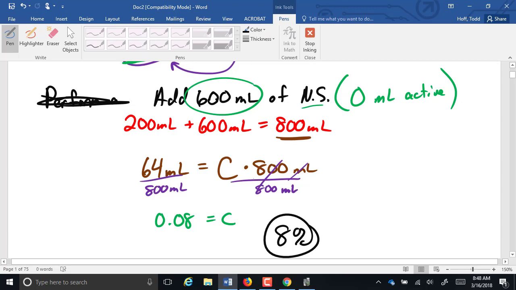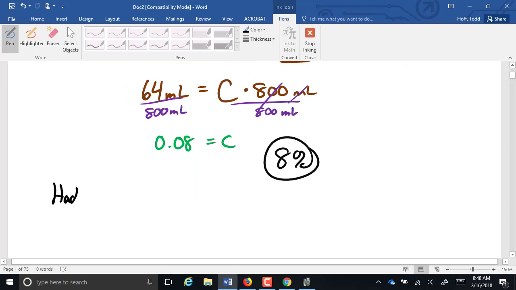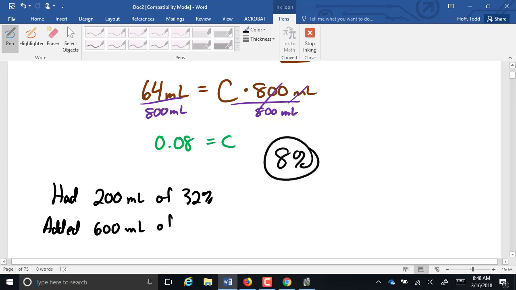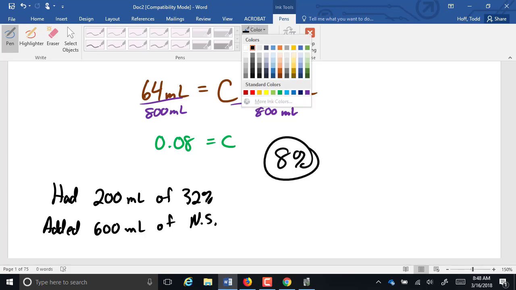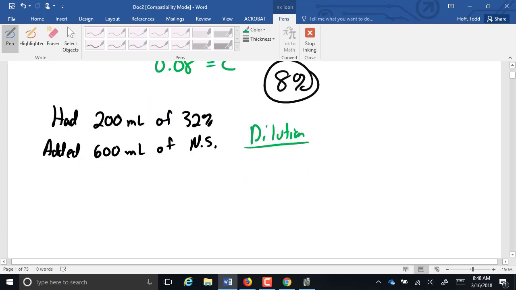So now let's look at this in terms of a dilution. We had 200 milliliters of that 32%. We added 600 milliliters of saline. What dilution was performed here? Remember, the dilution was serum over total. Well, here, since it's not a serum, it's a concentrated solution, it's going to be concentrate to total solution.